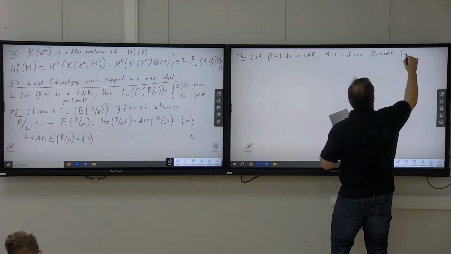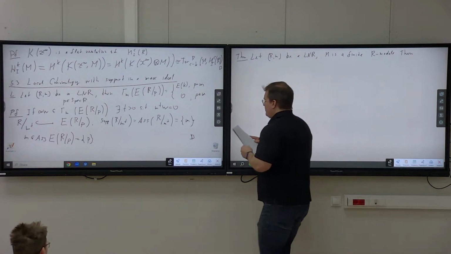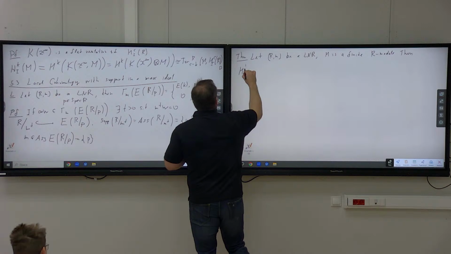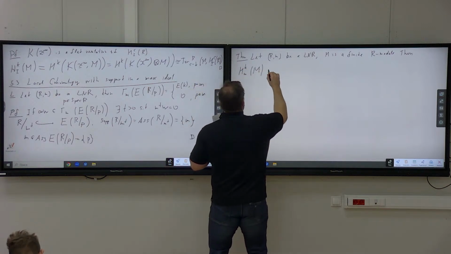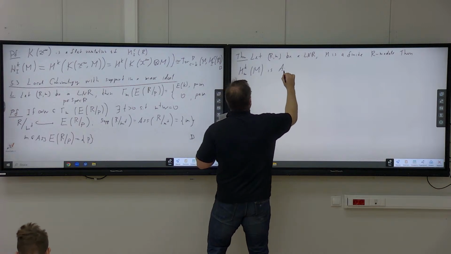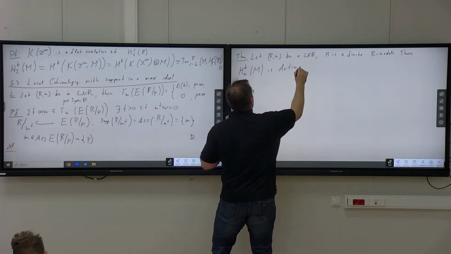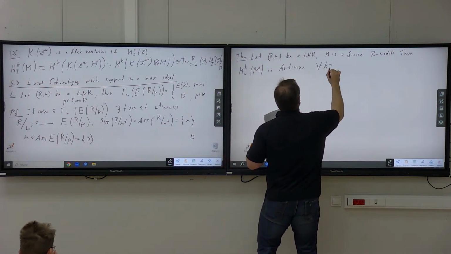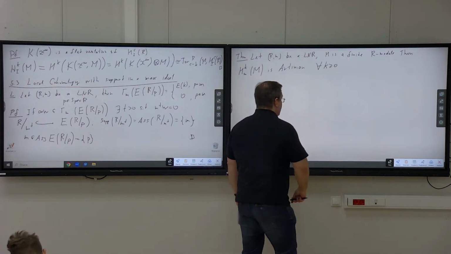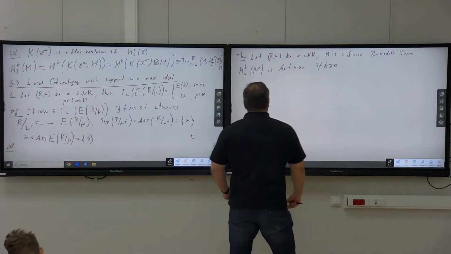Then the local cohomology modules H^k_m(M) of the module M are Artinian for any k non-negative, including 0.